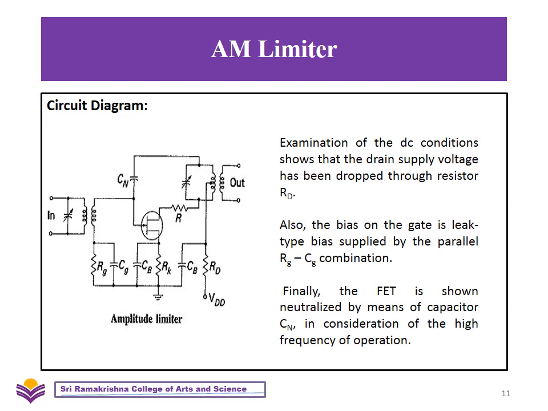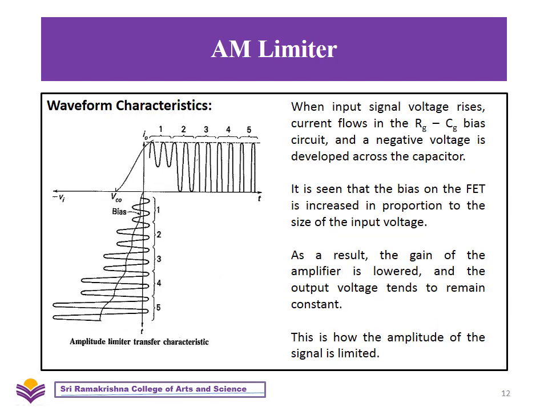Finally, the FET will show a neutralized output at the capacitor Cn to produce a high frequency operation in the AM limiter circuit. Here I have shown you a waveform of the AM limiter circuit.